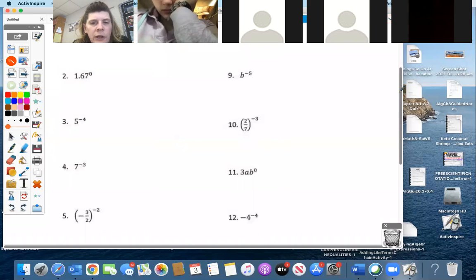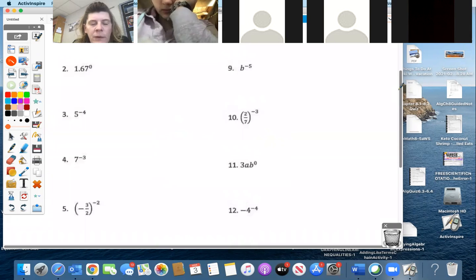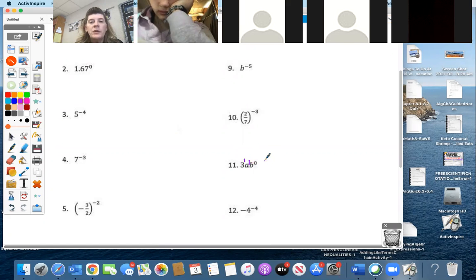Okay, so take a look at 11. What's the invisible power of 3? 1. What's the invisible power of a? 1. So we have b to the 0, 3 to the 1, a to the 1. Remember, your job is to make positive exponents.